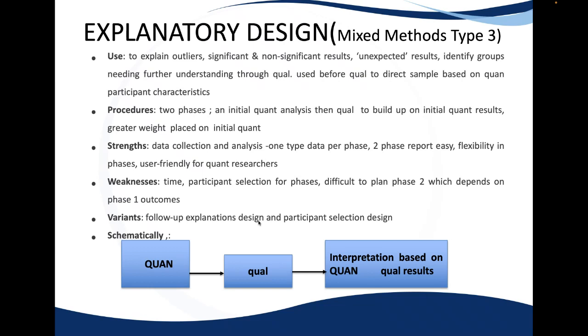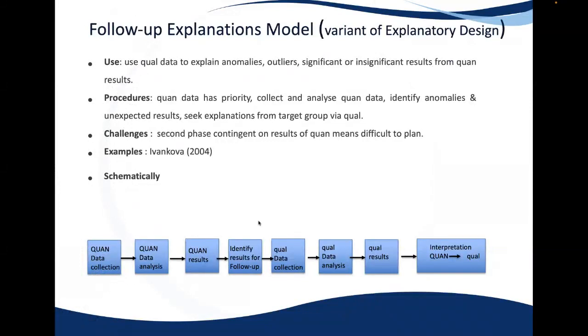And the next one does the opposite, where we have qualitative findings that we are exploring further by testing them out and seeing what their causal associations are, so we add the quantitative bit. So there are explanatory and exploratory designs, and those are part of the sequential world when it comes to mixed methods research.